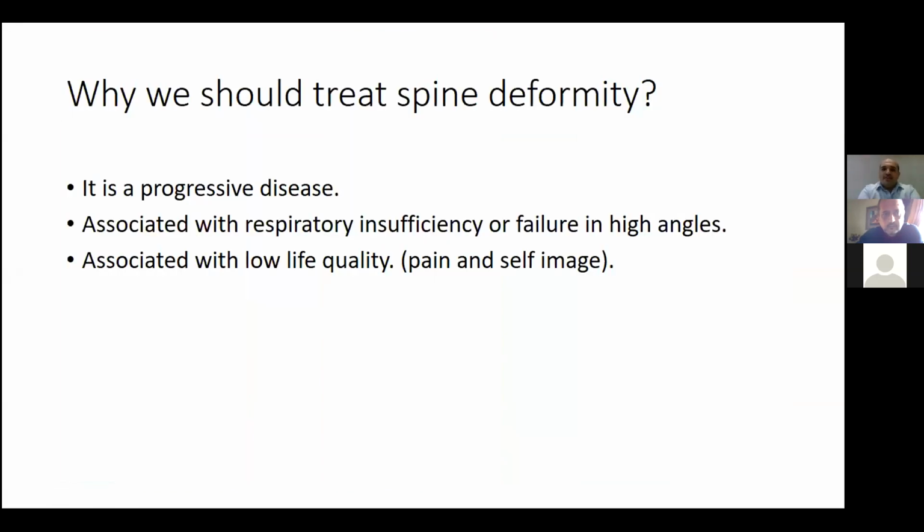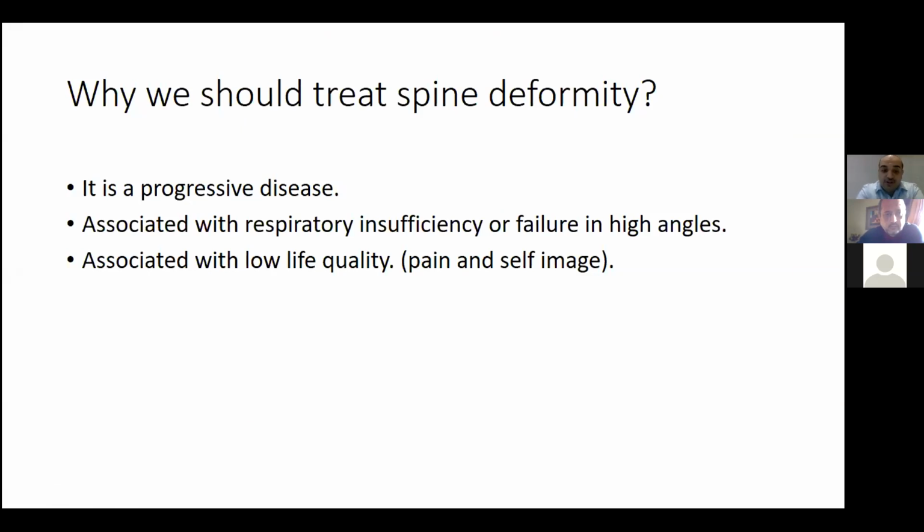So the first thing: why should we treat spine deformity? This is not a plastic thing; it's not that because we have a crooked spine, we have to straighten it. It is a chronic disease, so you have to follow up your patient. It is associated with respiratory insufficiency and sometimes respiratory failure in high angles, if it reaches more than 100 degrees.